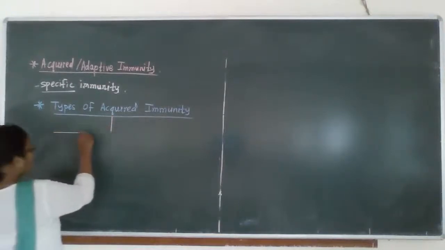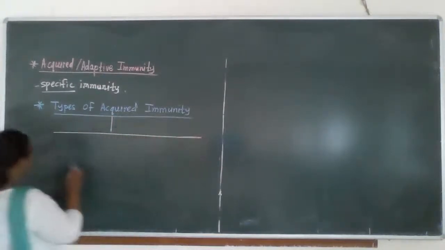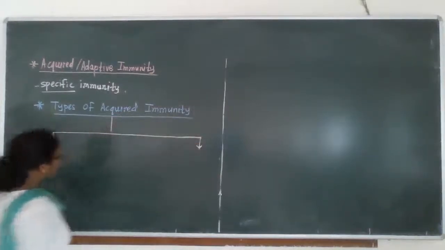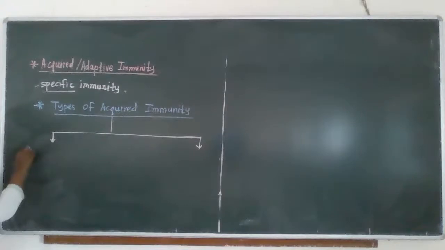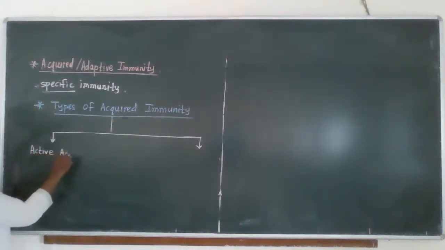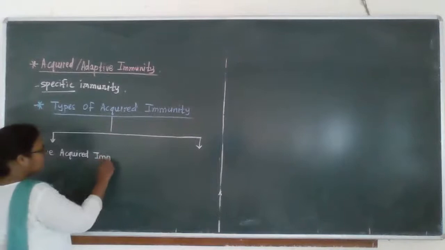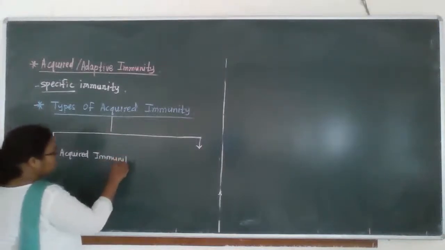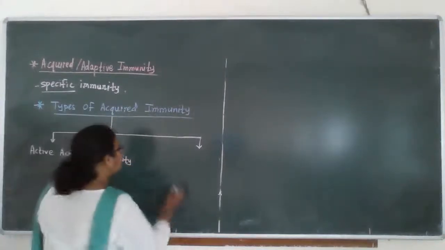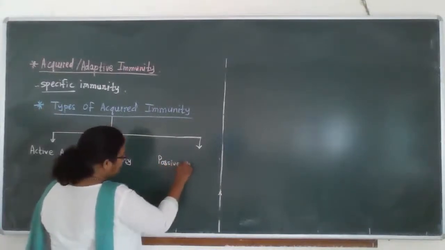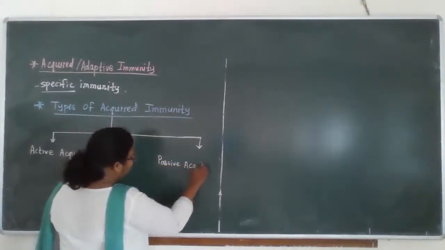The first one is active acquired immunity, and the second one is passive acquired immunity.